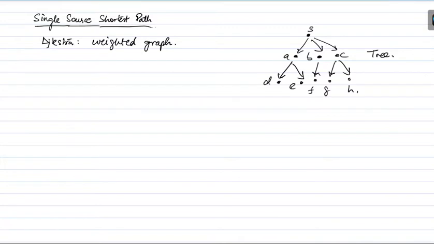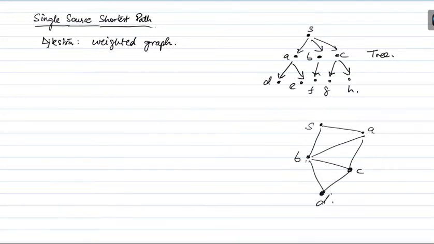All right, so how does Dijkstra's algorithm work? Let's take a small example. Let's say this is S, A, B. Okay, let's work with this example.